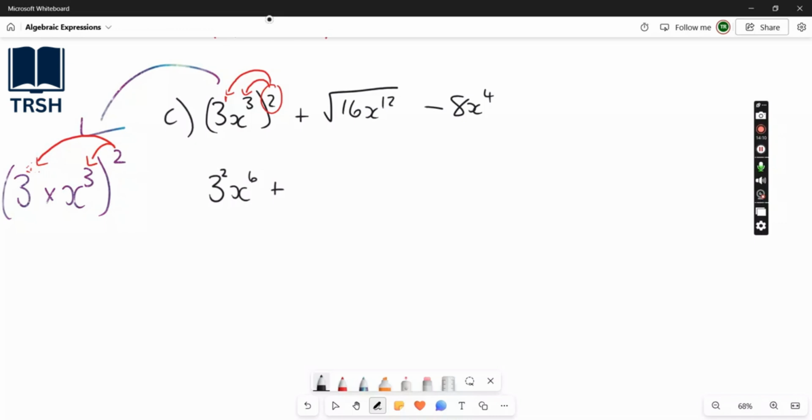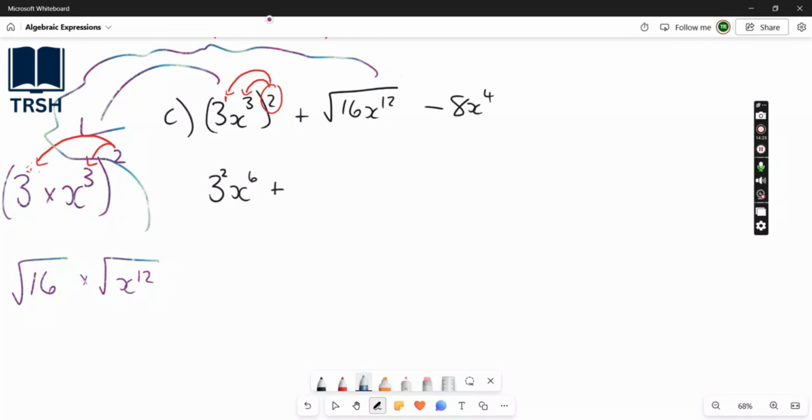Plus, the next section, we have surds. Same thing. We literally have 16 and then multiplied by x to the power of 12. This is literally the same as this. That's that part, okay? So 16 and x to the power of 12.